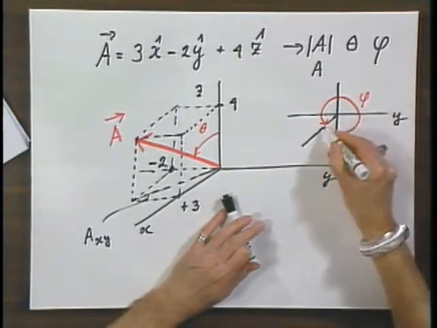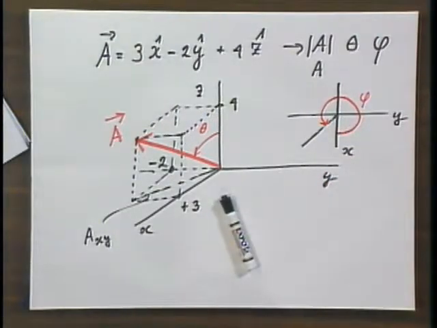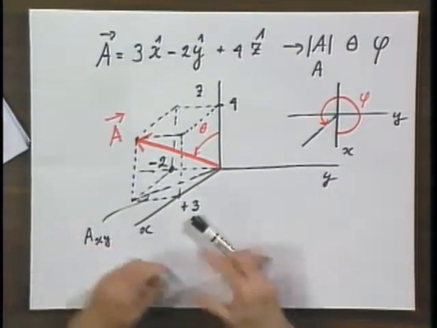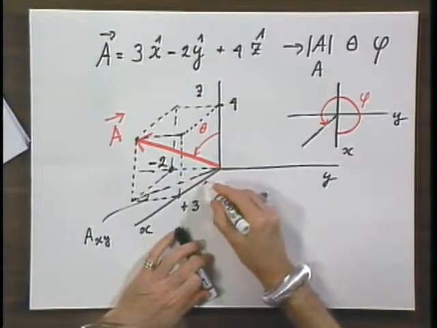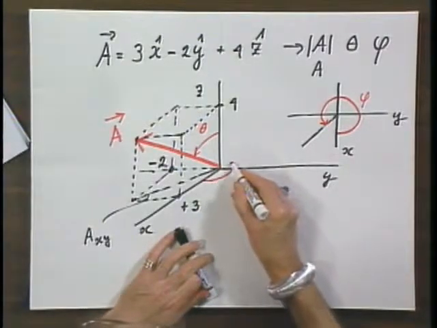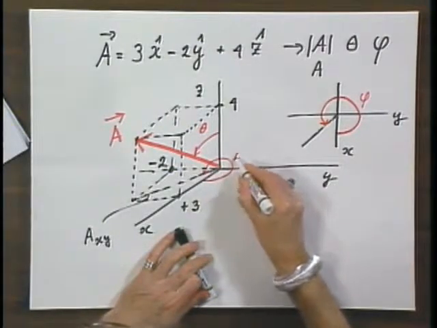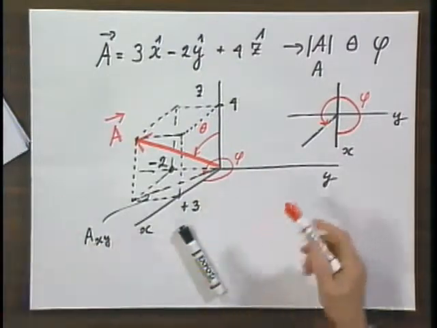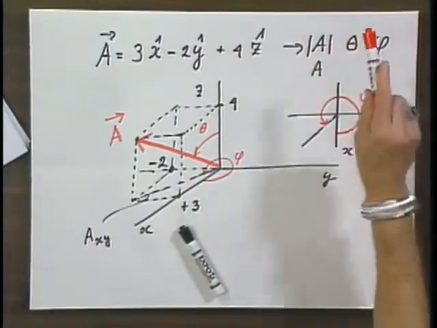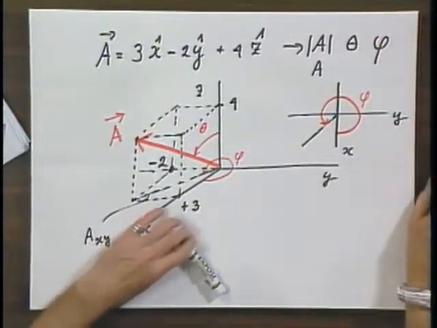So this is phi. If I draw it here, it's not so easy. This would be phi. And our task now is to determine magnitude, theta, and phi.